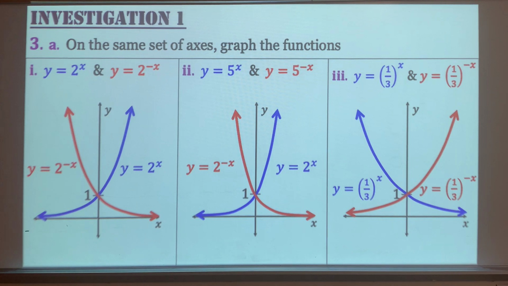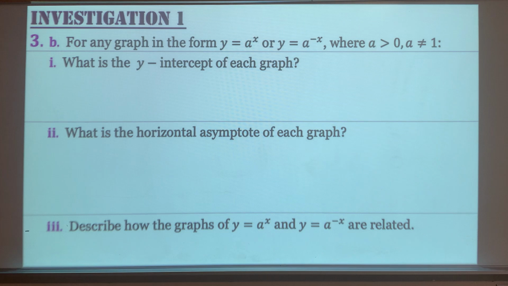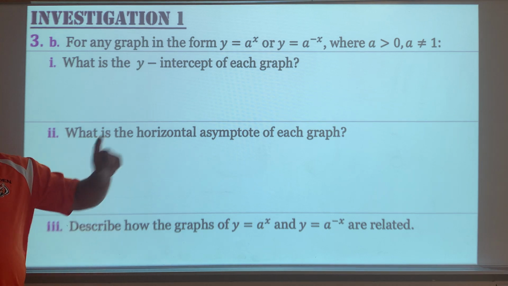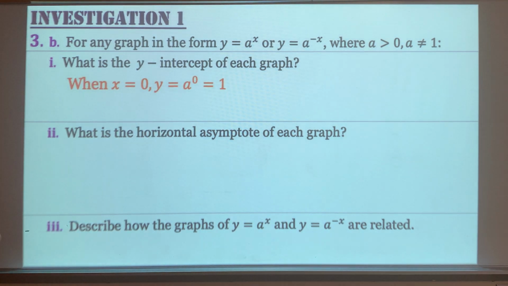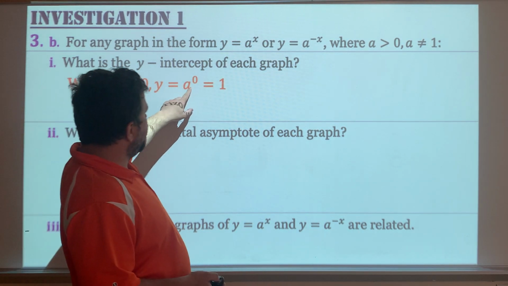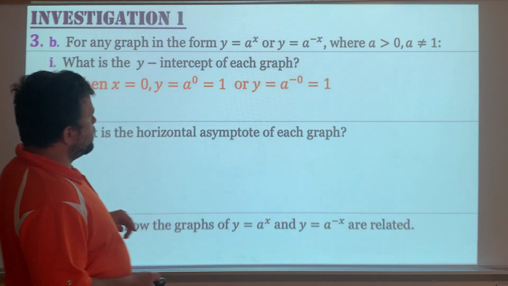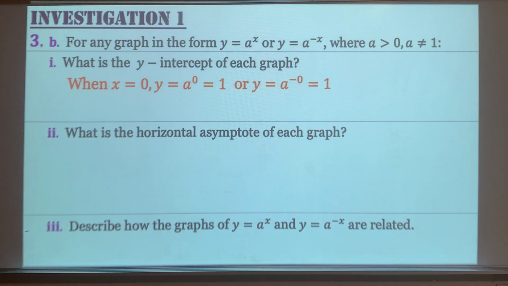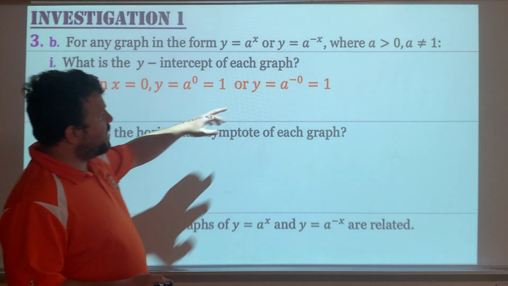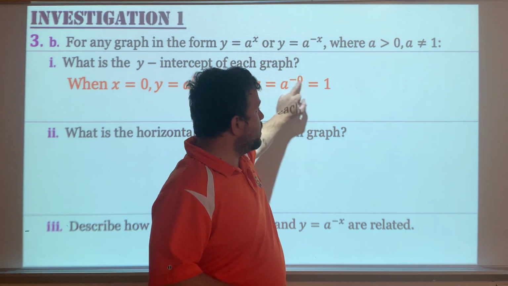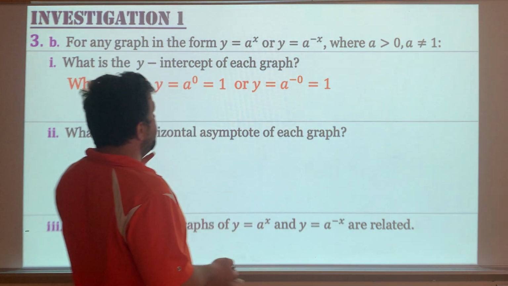Now what exactly does that tell us? Does that tell us anything? What is the y-intercept for each graph? You already said it. It was 1. When x equals 0, a to the 0 equals 1. So a to the negative 0 also equals 1.